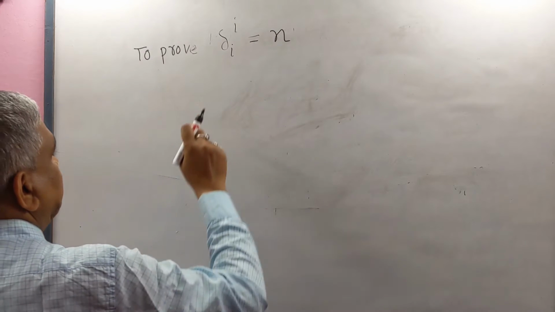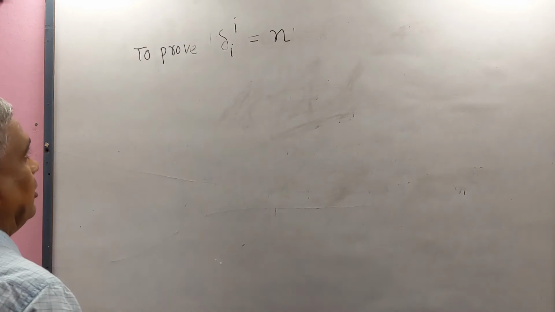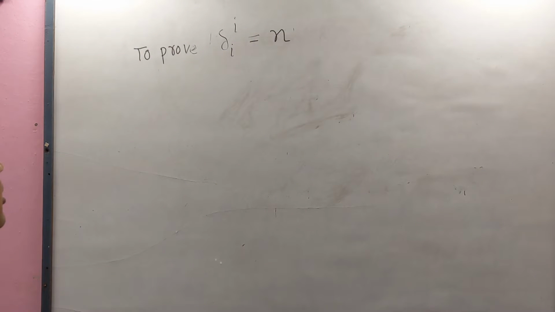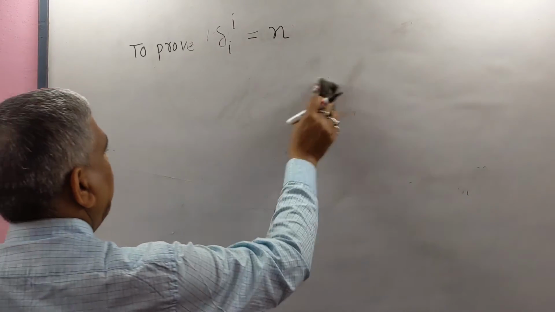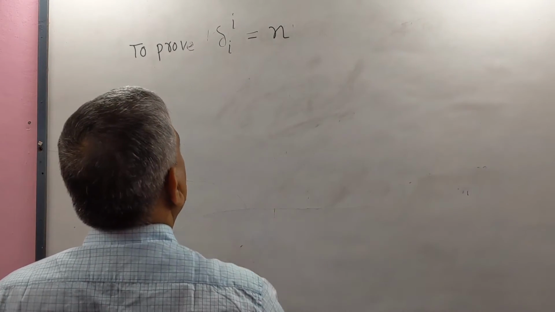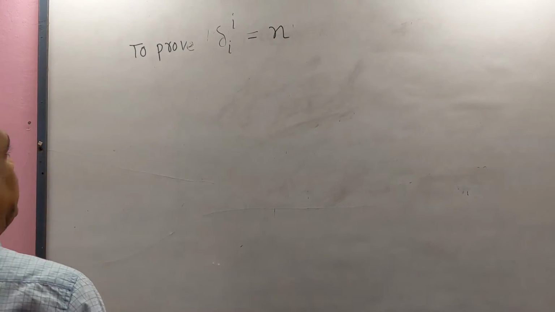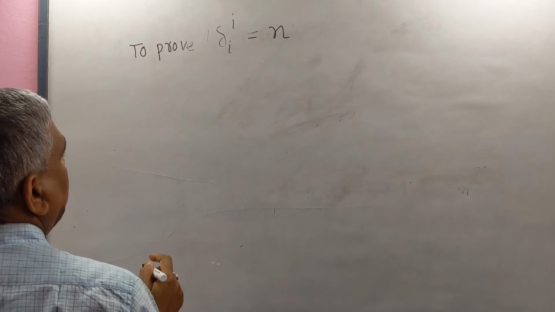Here i, the index, appears as a dummy suffix. So, according to Einstein summation convention, it represents the summation.